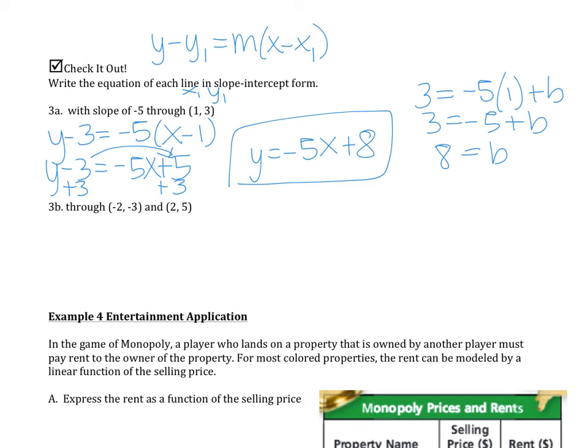If you solve for b, your y is 3, your m is negative 5, your x is 1, and you're solving for b. So again, you're going to add 5 to both sides, end up with b equals 8, and then you still substitute into y equals mx plus b.